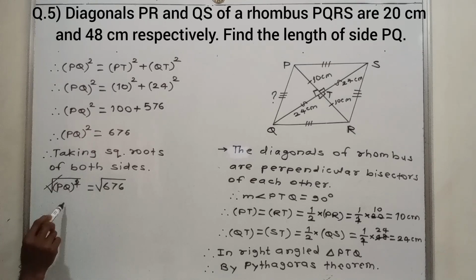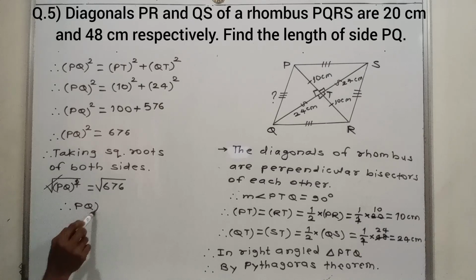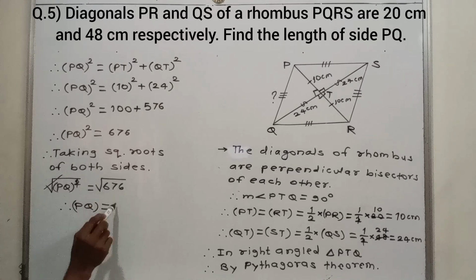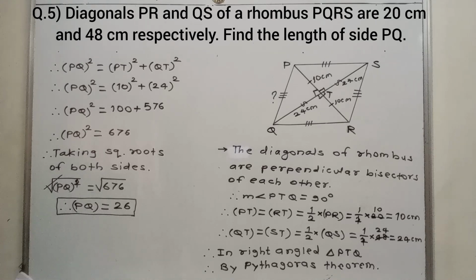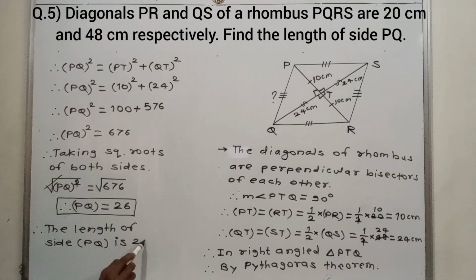Square root and square cancelled. Therefore, PQ is equal to square root of 676 is 26. Therefore, the length of side PQ is 26 centimeter.